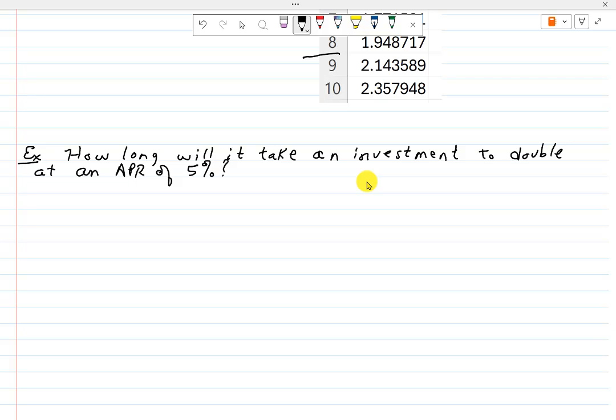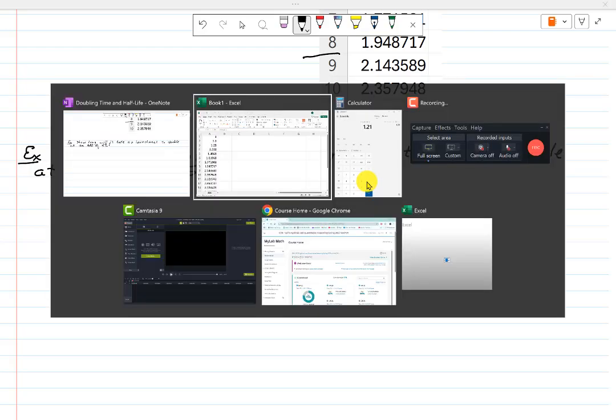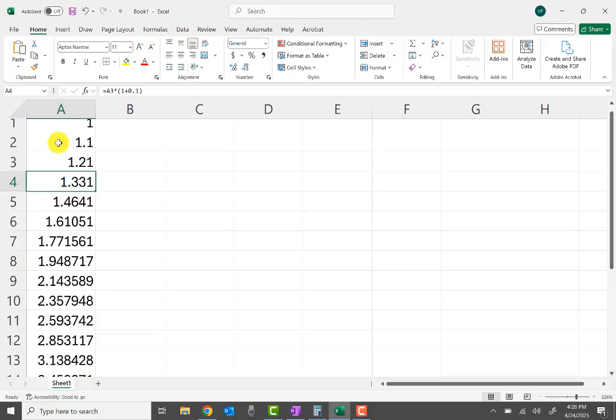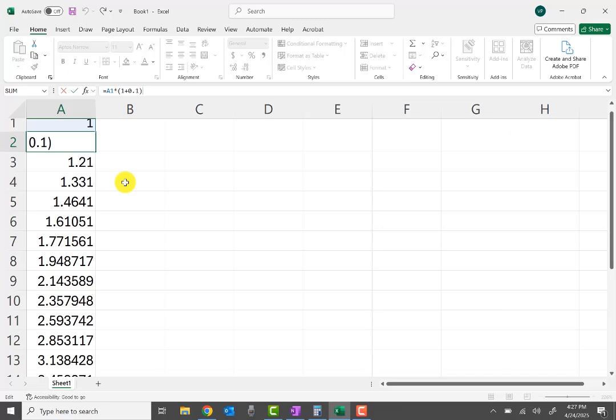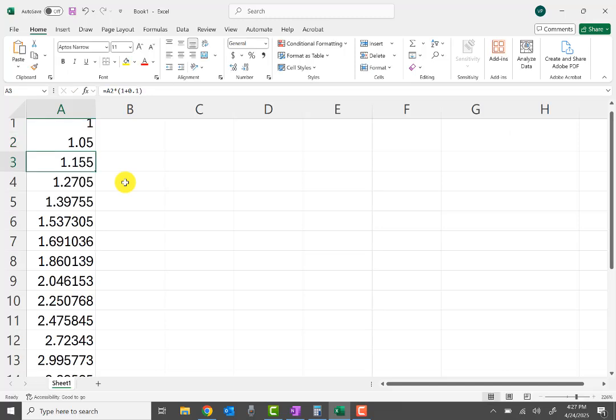So I'll go back to Excel and adjust my number so that instead of 10%, I change it to 5%. I come back to Excel and go back to the first instance of the formula and I see it was 1 plus 0.10. So I'm going to change that 0.1 to a 0.05 and see it updates.